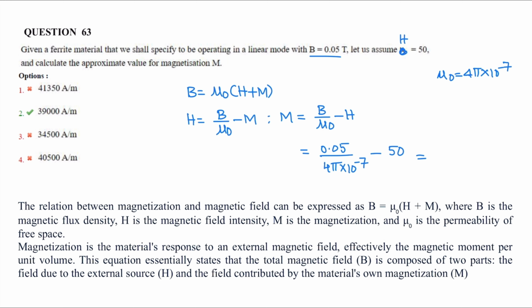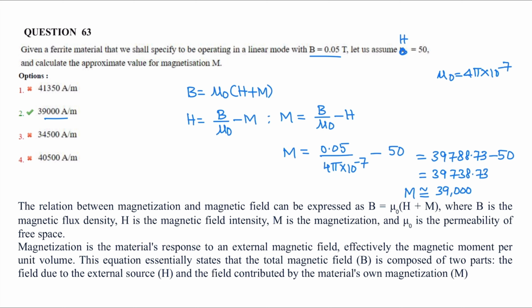So on calculation its value is 39,788.73 minus 50, that is 39,738.73, approximately equal to 39,000. So magnetization value M is 39,000 ampere per meter. So correct option is 2.